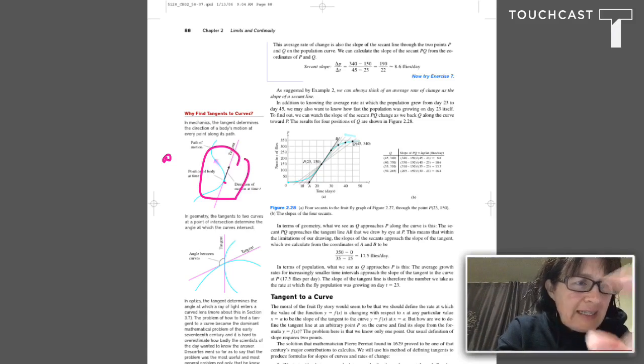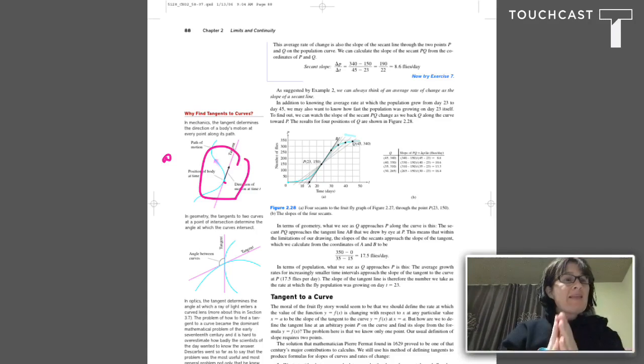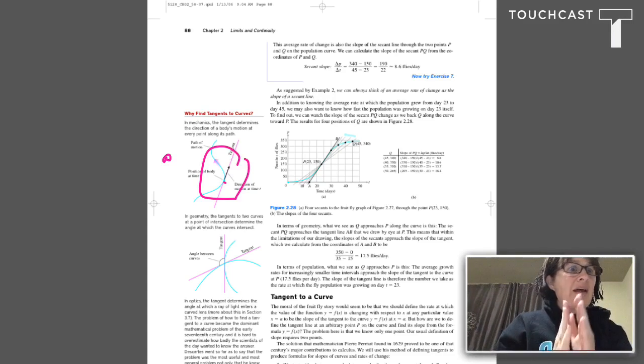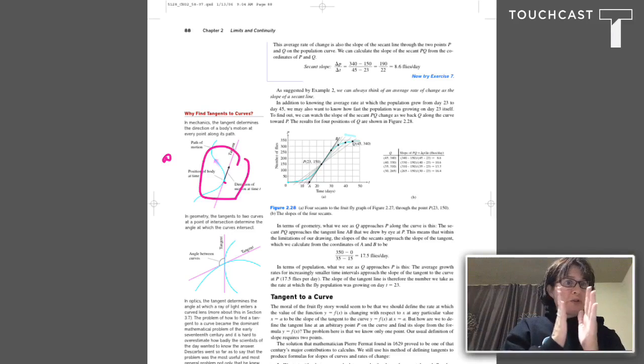If this is the tangent line and you zoomed in far enough, the tangent line, which is in pink, and the function, which is blue, would appear to overlap completely, since you'd only see a little part of it. The tangent line is the one line in the whole universe that best approximates your function if you zoom in really far.